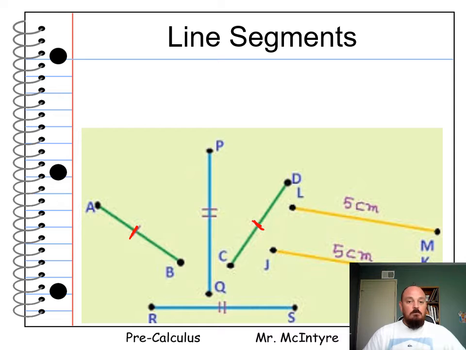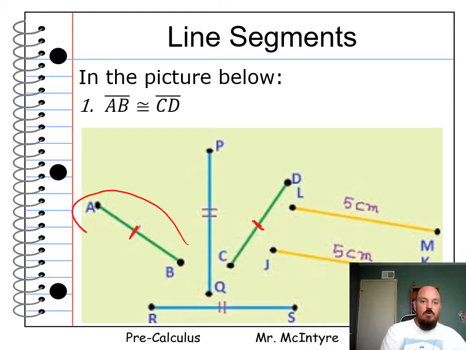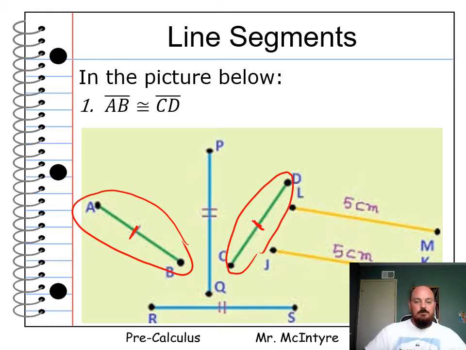That mark means that they are congruent. So I could say that line segment AB, that's this one here, because it goes from point A to point B, is congruent to line segment CD. That's this one right here.